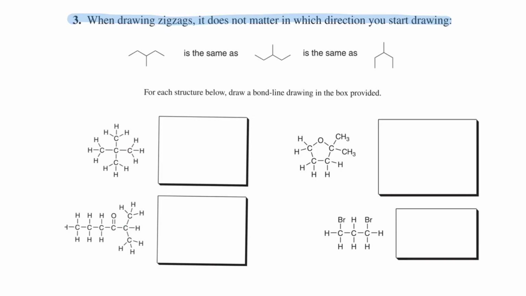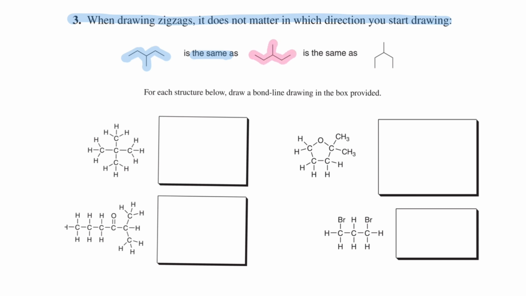Now the third rule is, when drawing zigzags, it does not matter in which direction you start drawing. For example, now I am drawing this molecule 1, 2, 3, 4 in a zigzag manner. We can draw it the same way. This is drawn from bottom to top. Now I am drawing top to bottom in this zigzag manner.